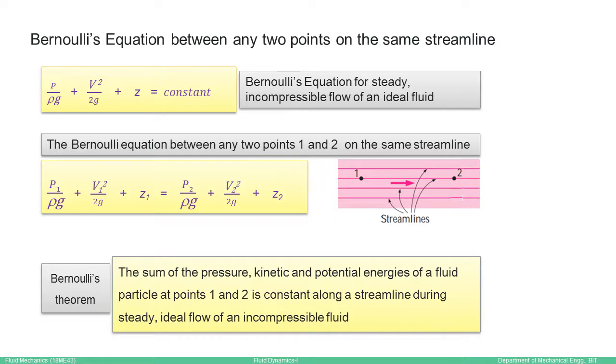Hence Bernoulli's theorem or Bernoulli's equation implies that the sum of the pressure, kinetic and potential energy heads of a fluid particle at points 1 and 2 is constant along a streamline during steady ideal flow of an incompressible fluid.